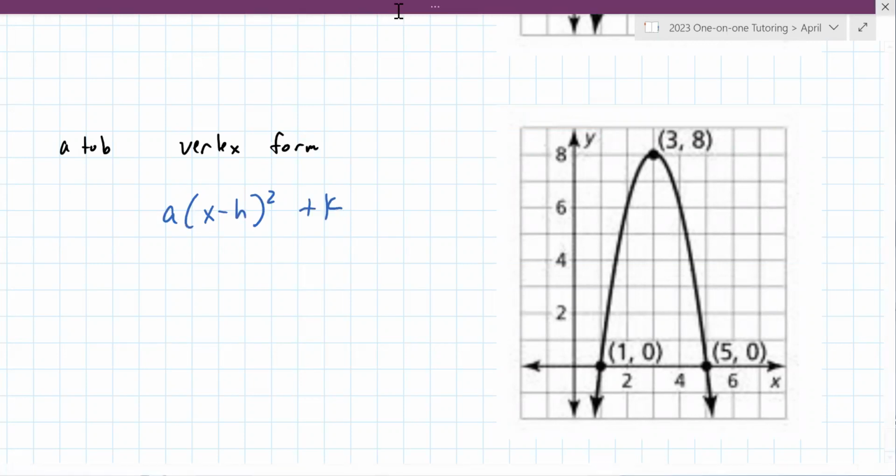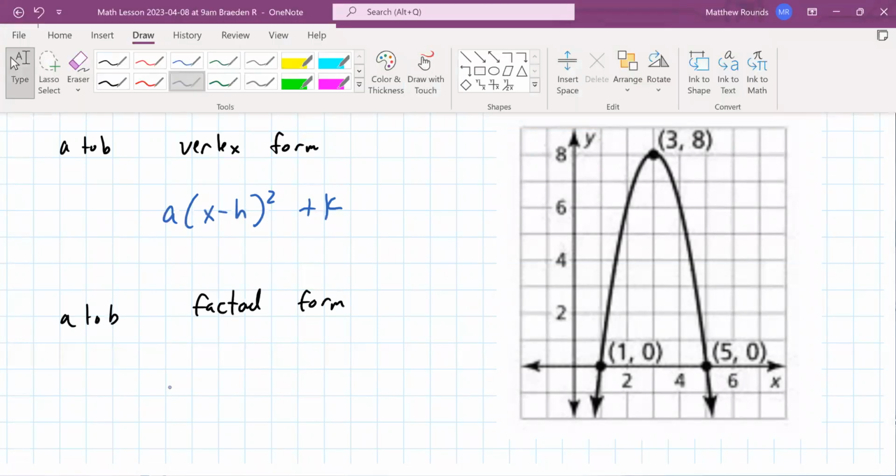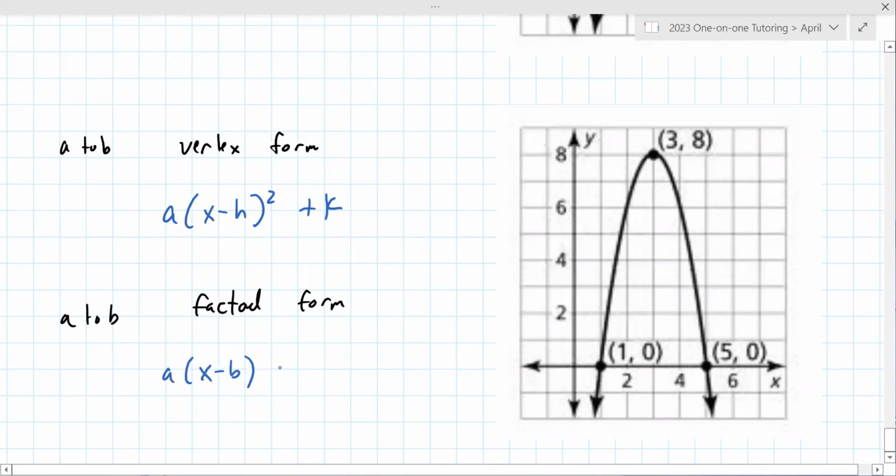The second option is factored form. You can't go straight to standard form. Factored form is a(x minus b)(x minus c). Typically, you're doing vertex form to standard form. Do either of those look familiar?